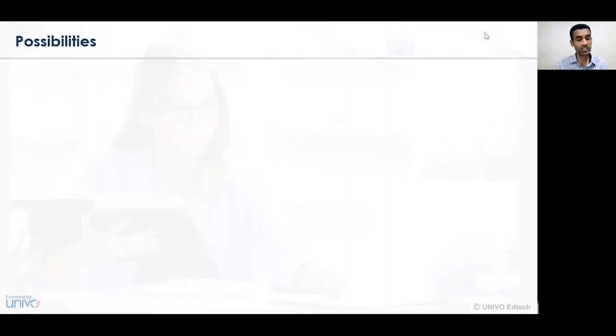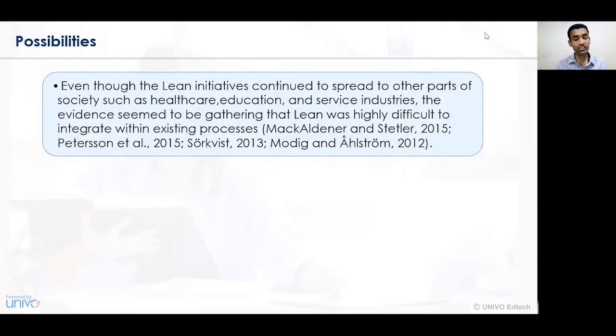Now let's understand the various possibilities associated with profitability. Even though lean initiatives continue to spread to other parts of society, such as healthcare, education, and the service industry, the evidence seemed to be gathering that lean was highly difficult to integrate with existing processes.